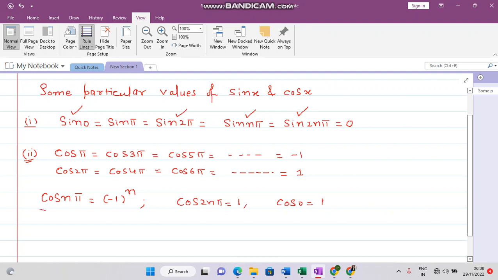So these are the three particular values which are used for solving the questions. Cos n pi is -1 raised to the power n, cos 2n pi is equal to 1, and cos 0 is equal to 1. So you need to remember these values.